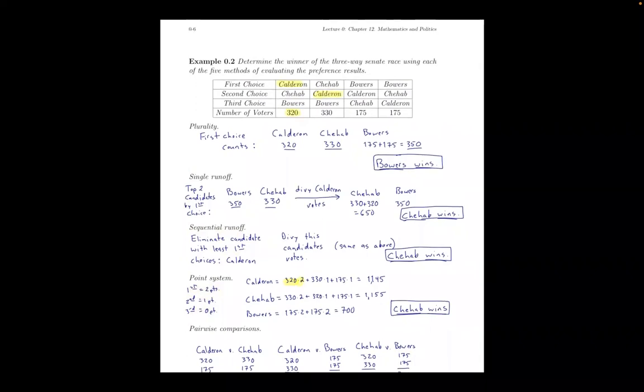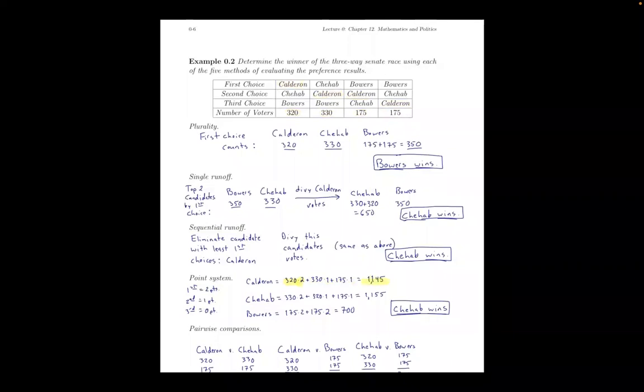Then Calderon has 330 times 1 point for second choice rankings, so 330 of those. And then 175 more second choice rankings with 1 point. And then 175 third place rankings, but third place rankings count for 0, so there's nothing to add here.